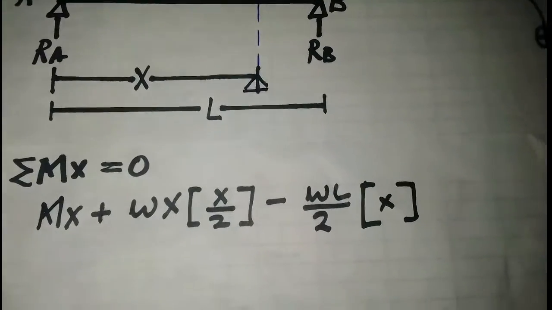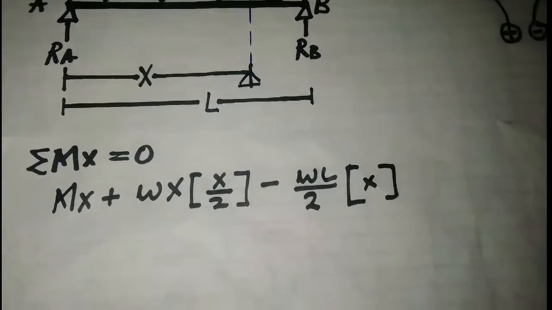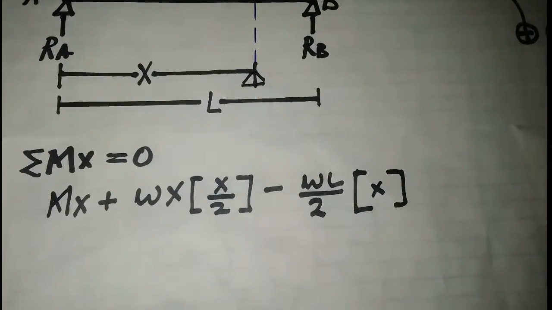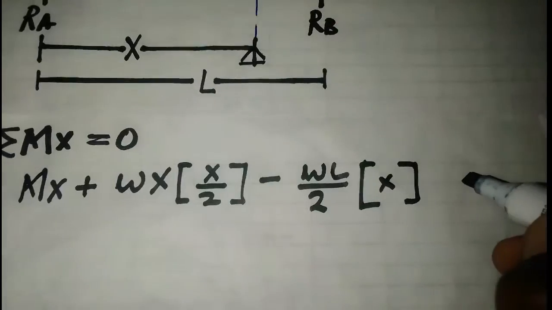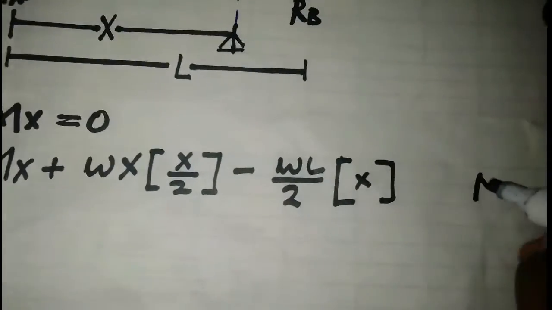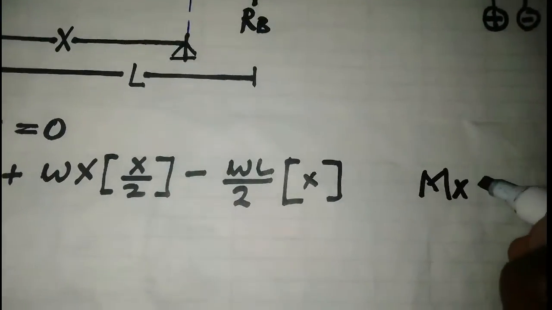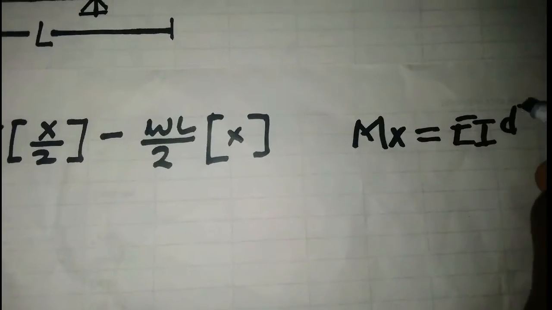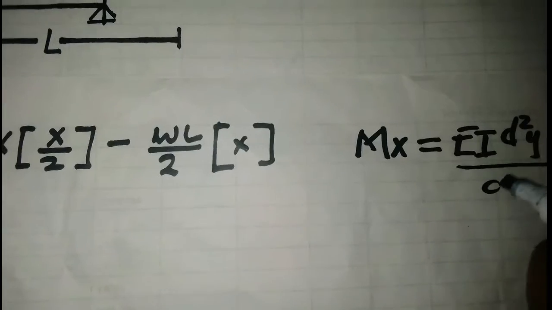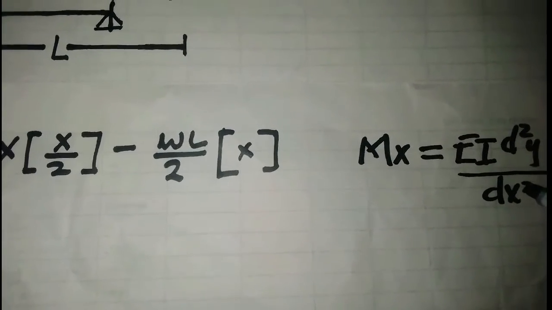So this is what we have, and we know from the bending equations that Mx is equal to EI d squared y over dx squared.